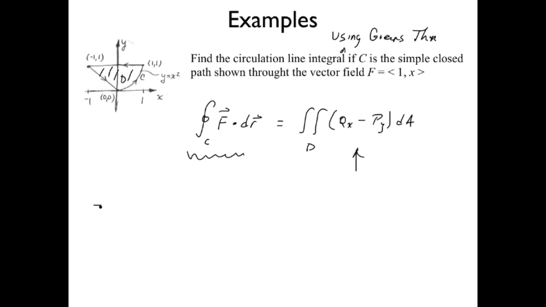And so Qx is 1. Py is 0. All right, so now we've got to think, do we want to do type 1 or 2? We could do either.